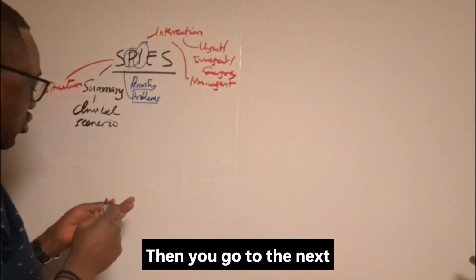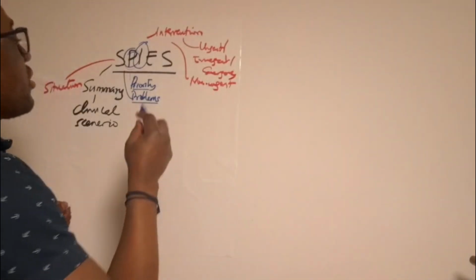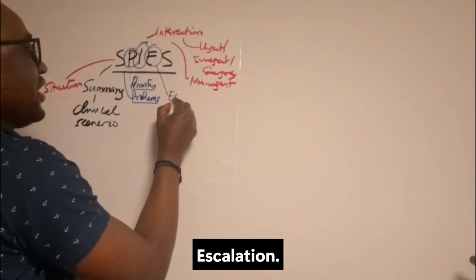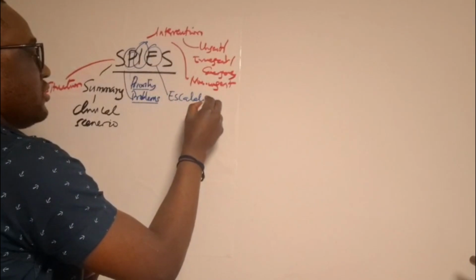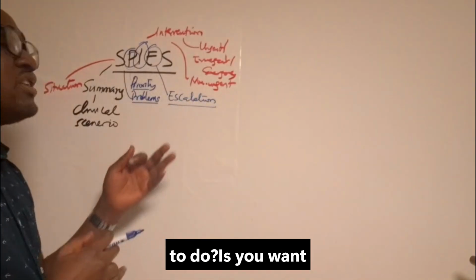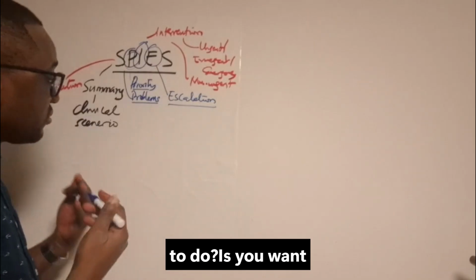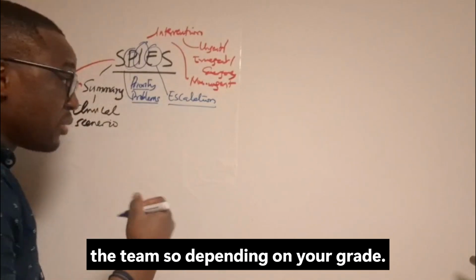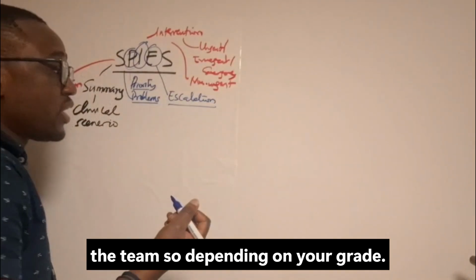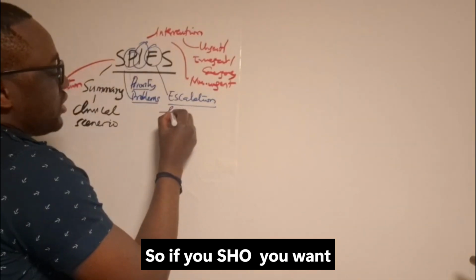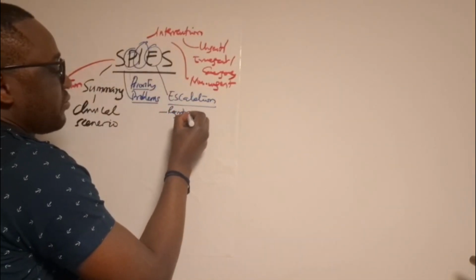Then you go to the next one, which is E, escalation. Now, in escalation, what you need to do is you want to escalate to other clinical members of the team. So depending on your grade, if you are SHO, you want to escalate to your registrar.